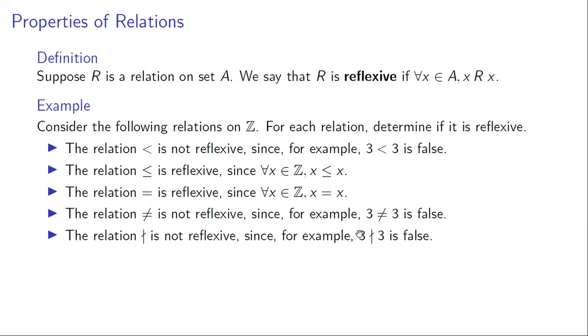For example, if I tell you 3 does not divide 3, that is false. If this relation were reflexive, then it would say that 3 does not divide 3, and 4 does not divide 4, and so on. But we know, as a matter of fact, that 3 does divide 3. So if I tell you 3 does not divide 3, that is false. Therefore, this does not divide relation is not reflexive.